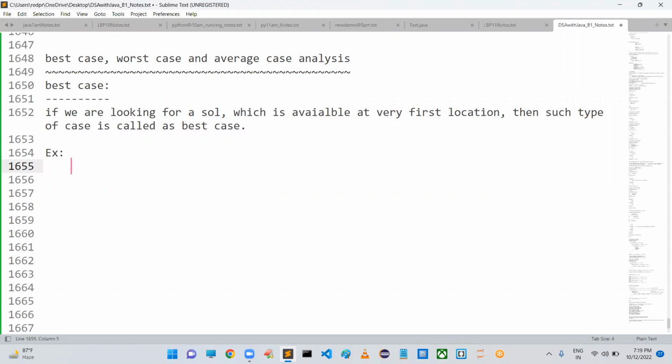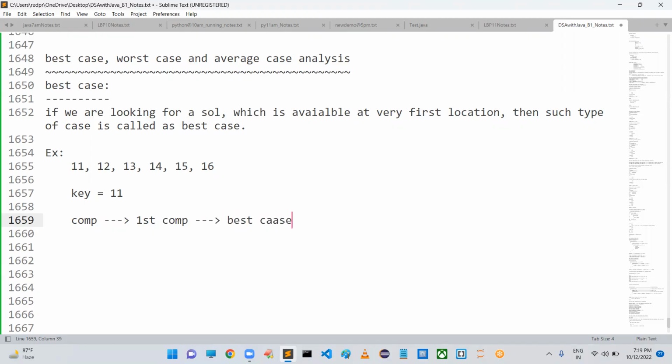For example, consider I have some elements like 11, 12, 13, 14, 15, 16. Now in these I want to search for an element called 11. How many comparisons are required? Only at the very first comparison itself we got the result. So we can say this particular search is nothing but the best case.